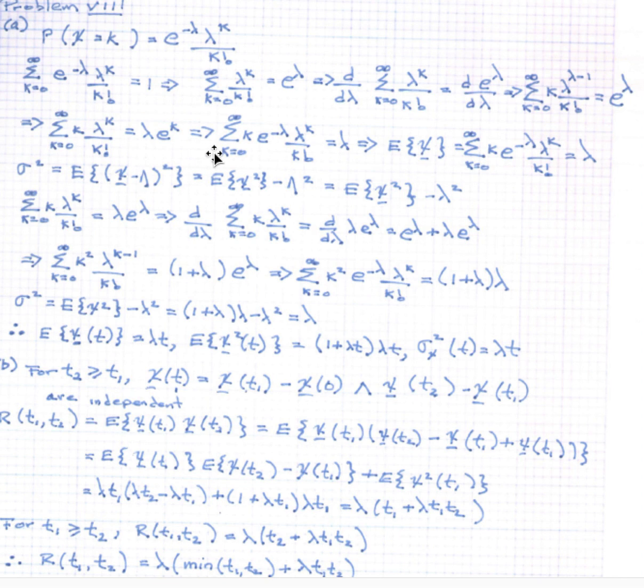which implies that the summation from k equals 0 to infinity of k times e to the minus lambda, lambda to the k over k factorial is equal to lambda. This occurs by multiplying the previous by e to the minus k.